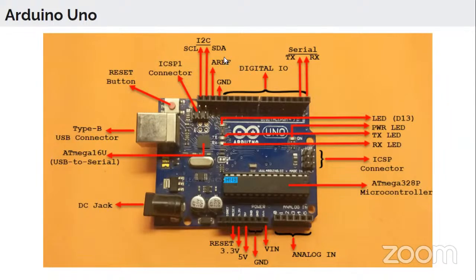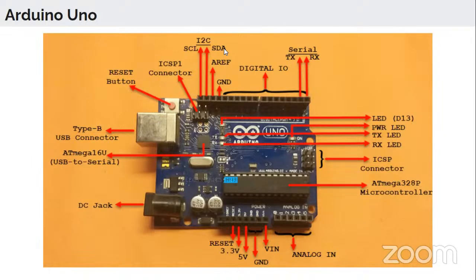Then the second communication protocol is I2C. As you can see here, this is the I2C protocol. For the I2C protocol, the two pins which we use are SCL and SDA. These are the two pins we use for I2C communication. There are sensors which work on this.